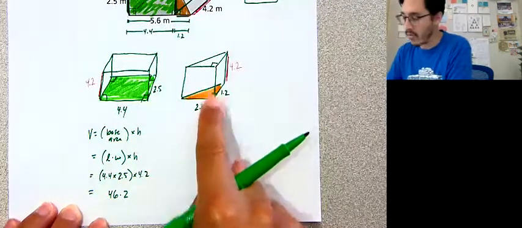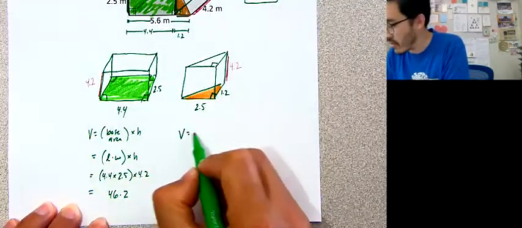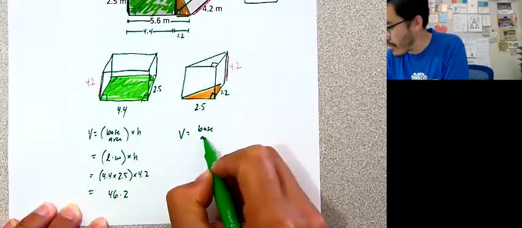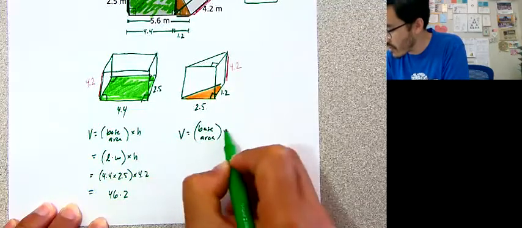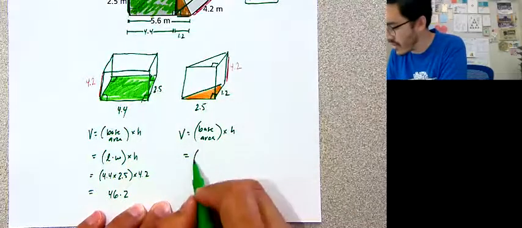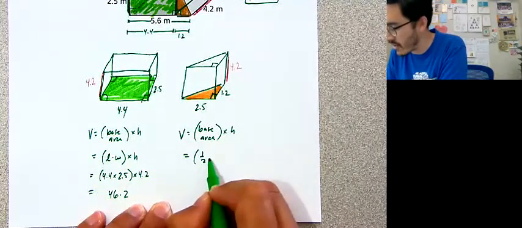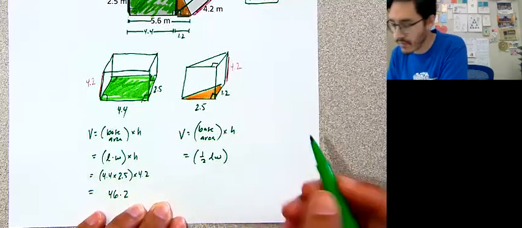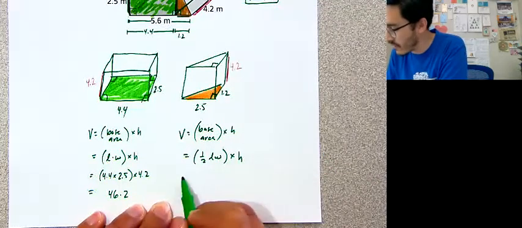Okay, and then for our triangular prism, again, the volume is the base area times the height. But because it's a triangle, the base area formula is 1/2 length times width, okay, times the height.